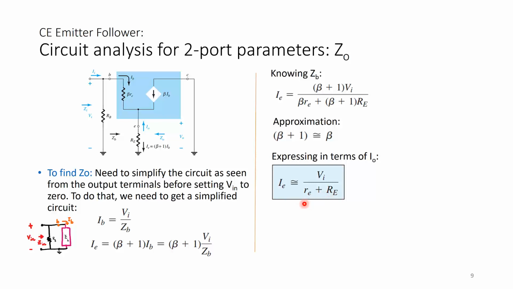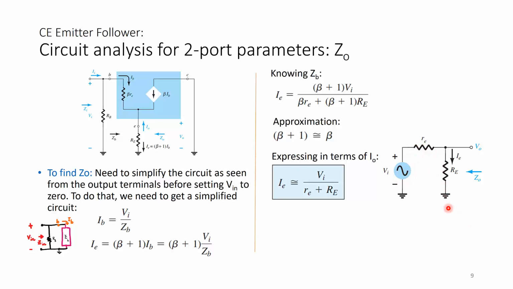Again, please don't say 2RE here, because these are two separate resistances. The small re is the small signal re, and the big RE is the emitter resistor. We can now redraw this expression as a simple circuit consisting of Vin, the small signal re, and the emitter resistor RE, where we get this expression for IE by treating it as a simple voltage source and resistor network.